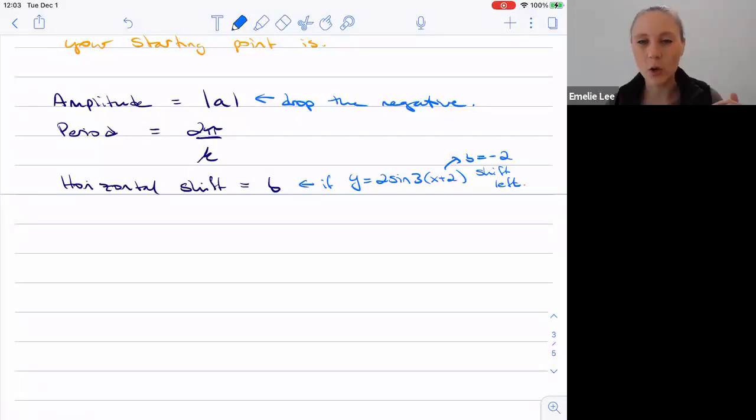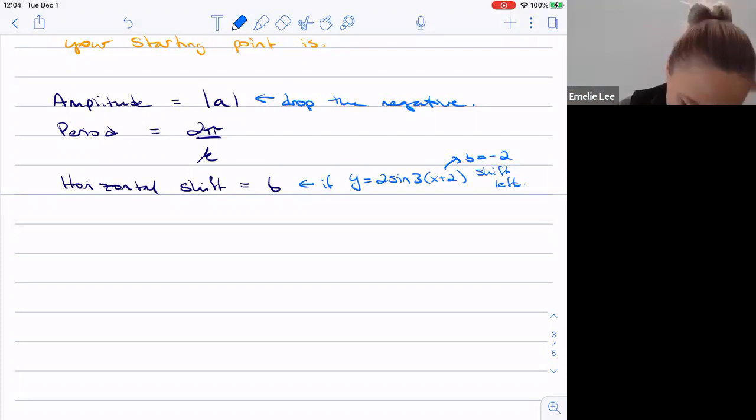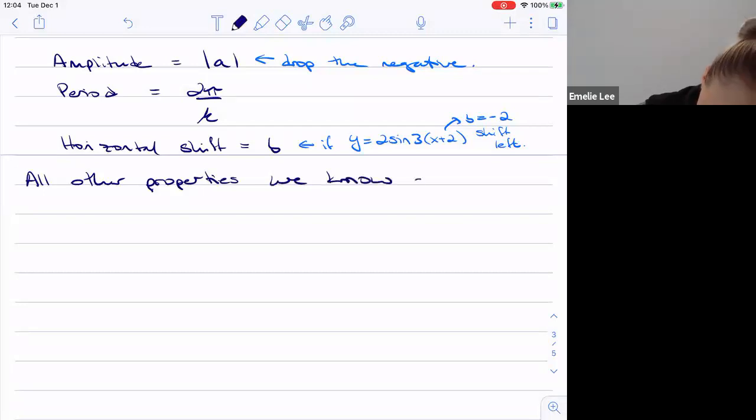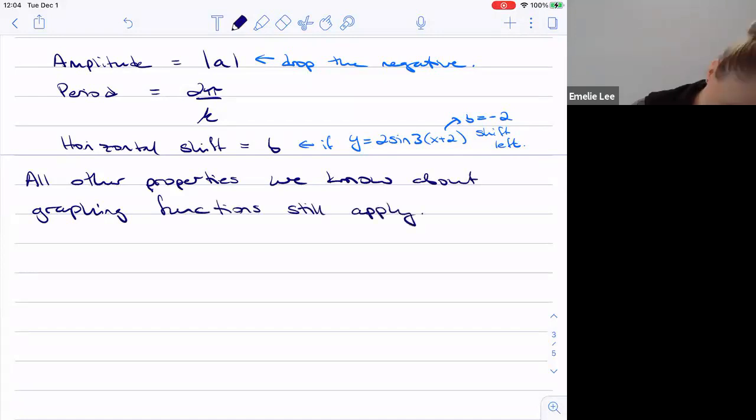All other things that we know about functions and graphing functions that we've talked about still apply, right? So if I take the negative of the function, that flips it over the x-axis, right? So all my y values become negative and flip up if they're negative already, right? So all other properties we know about graphing functions still apply, right?